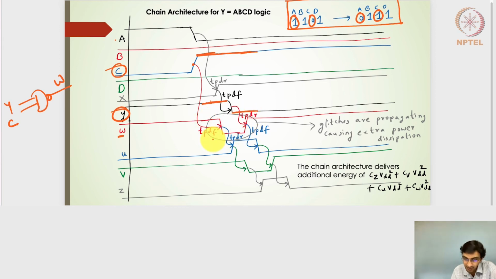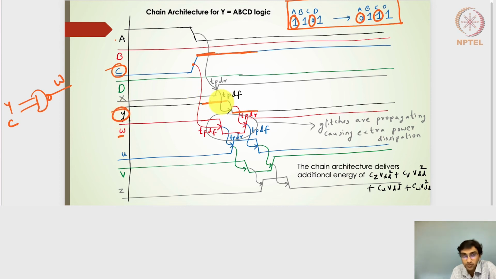The circle which I have drawn here is an unnecessary glitch, one going low and one going high, just because of the propagation delay in the circuit, the TPDF and then the TPDR. So what it means is that Y is delayed due to X, which is itself delayed by the gate delays.